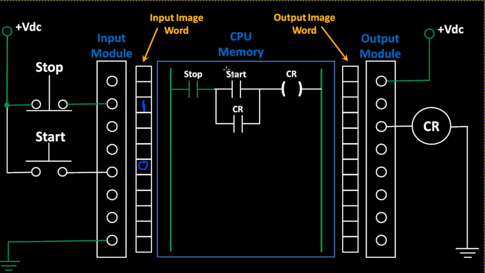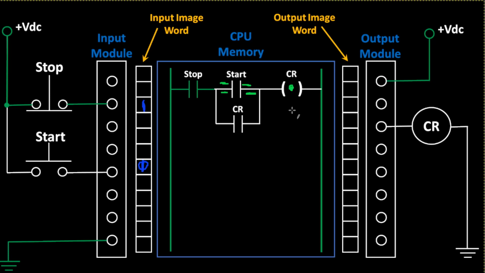The start push button is open. So when you press the stop push button, that goes to a 0, they will open. When you press the start push button, this bit will go to a 1. The coil's energized. These contacts, the start contacts, are going to close. I'll have power flow.